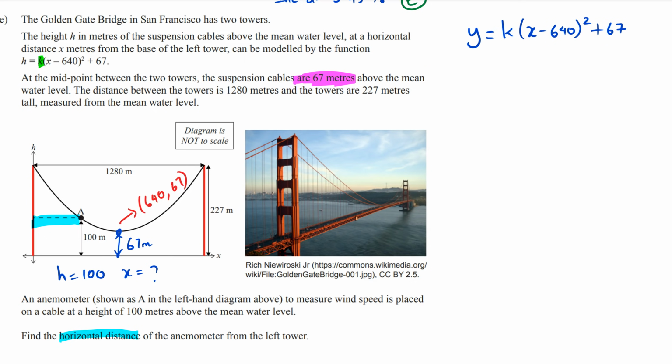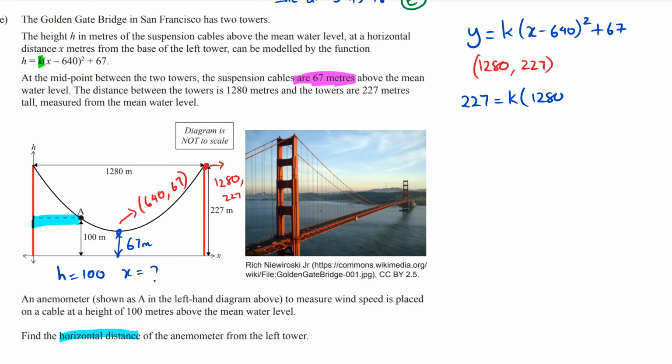Now we need one point to actually work with. And we can't use the point 640, 67, but instead we can use this point right here, which happens to be 1,280 and 227. So I'm going to use that point, 1,280 and 227, and substitute it in to figure out what the value of k is.